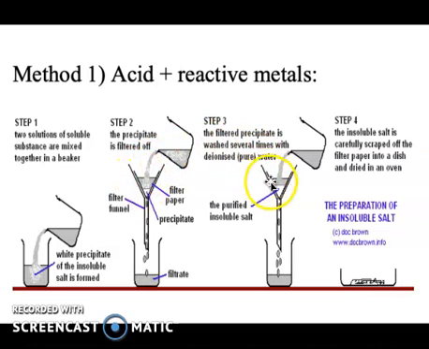In the third step, the filtered precipitate is washed several times with water. Why? Because the salts are wet, because we mixed two liquids. So the salts are washed with water. In this filter paper only purified insoluble salts remain, and again the filtrate is in this beaker.